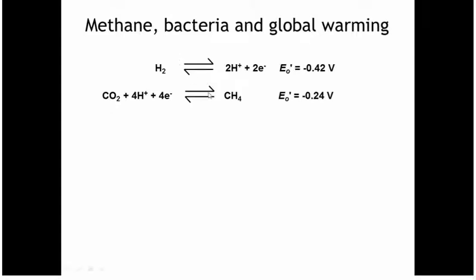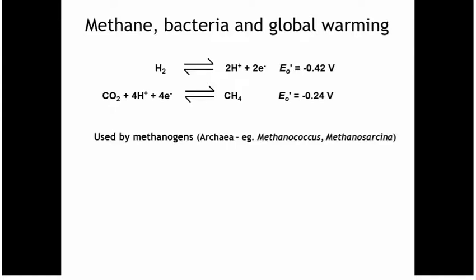So overall, this process will work because your delta V here is about 0.2 volts. Really pathetic, very, very small potential difference here, but at least it's going in the right direction. So they can actually live on just carbon dioxide and hydrogen gas.